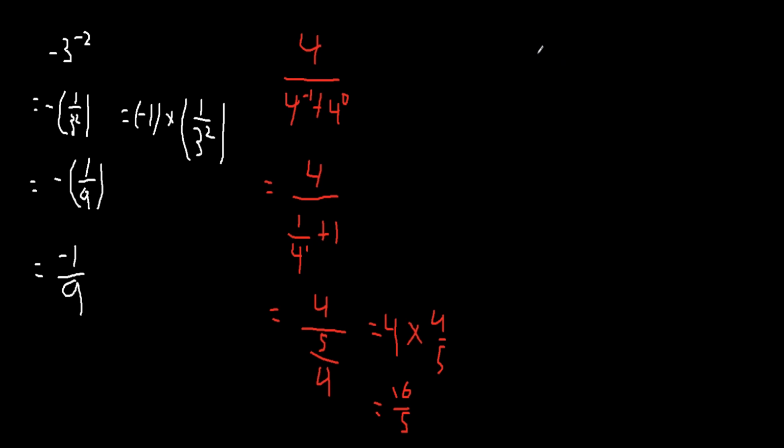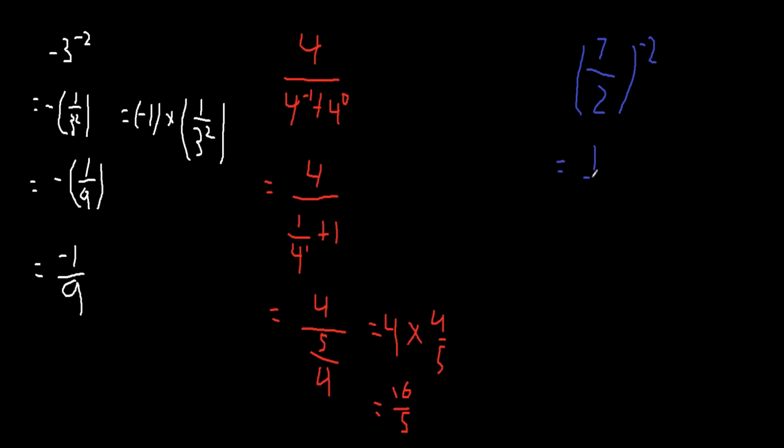And in our last example, we have this time 7 over 2, and this will be raised to the negative 2.